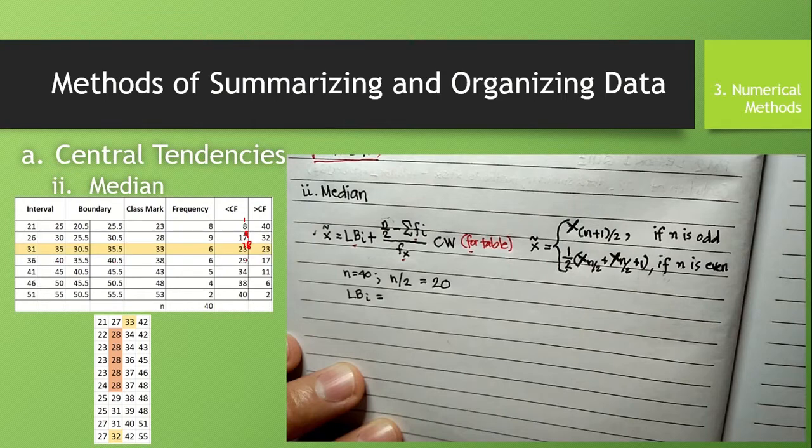In the fourth class interval, our data will start from the 24th data until the 29th data, and so on.